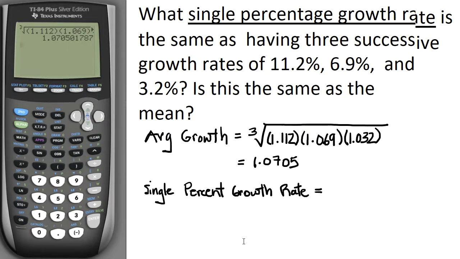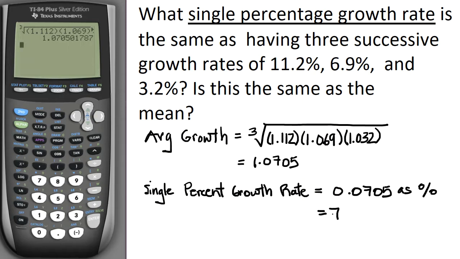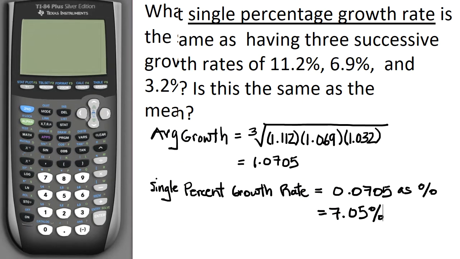So for a single percentage growth rate, I just subtract 1 from the average growth rate. That's 0.0705, and writing that as a percent, that's 7.05%. Remember, to write as a percent, you multiply it by 100 and affix the percent sign.